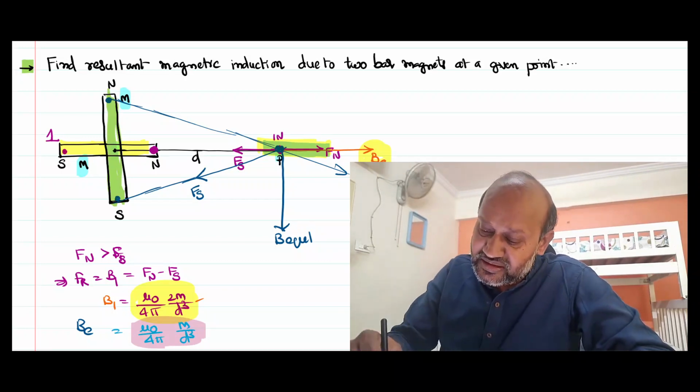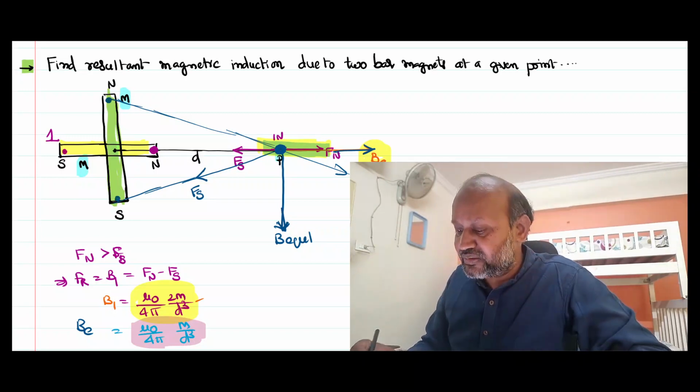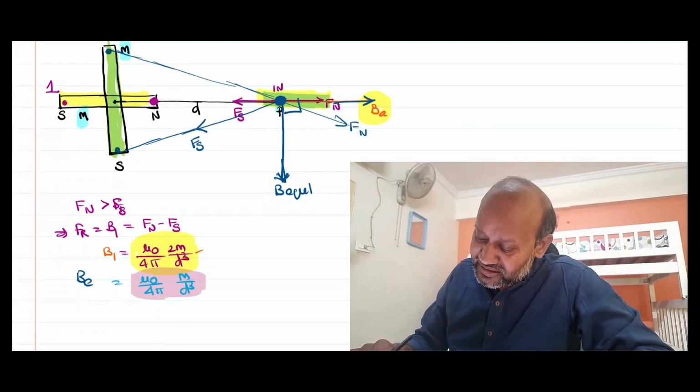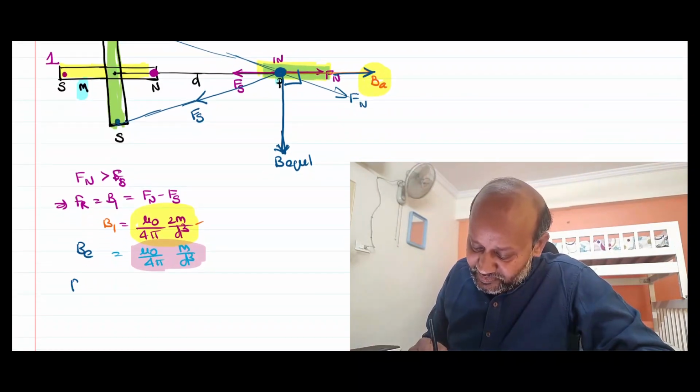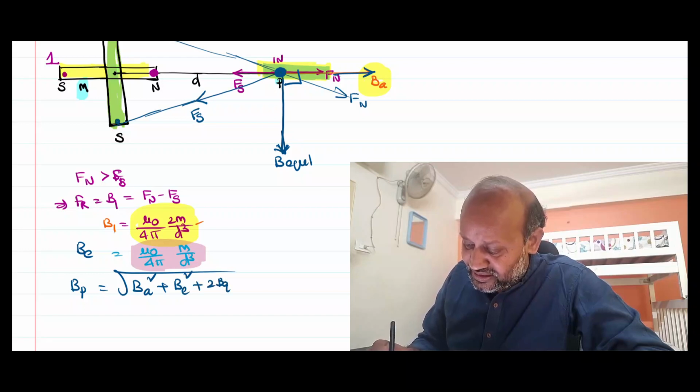So if you consider this point, on this point now there is B axial and B equatorial, both acting, and they are perpendicular to each other. So the resultant B at that point is the resultant of the two: B axial square plus B equatorial square plus 2 B axial B equatorial cos 90, as per the parallelogram law.